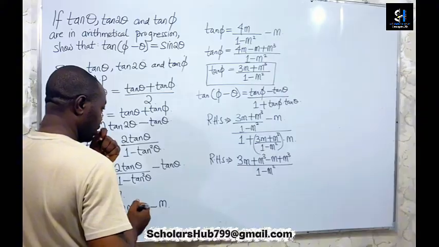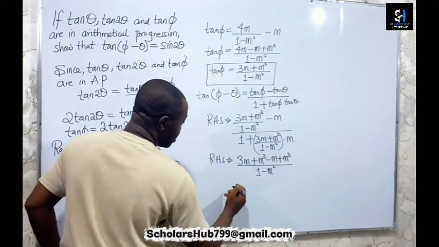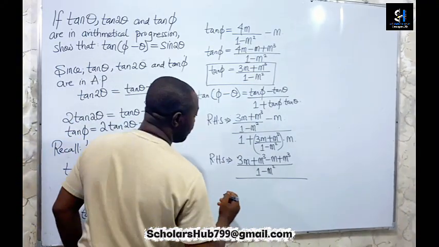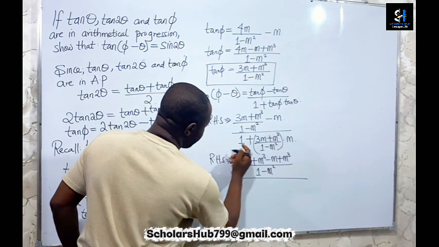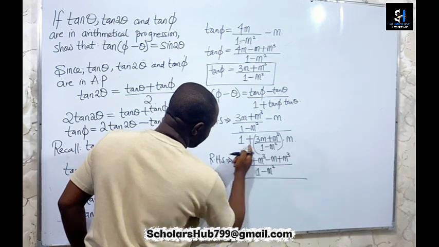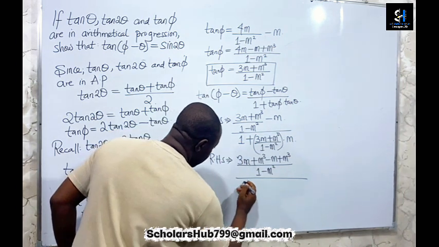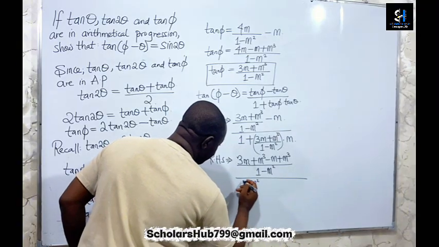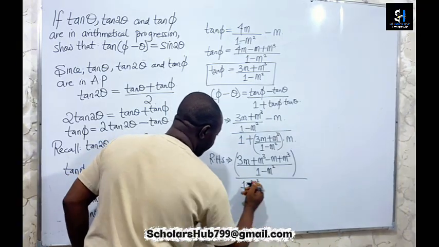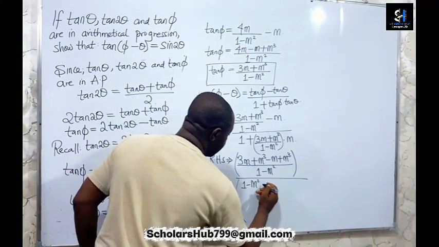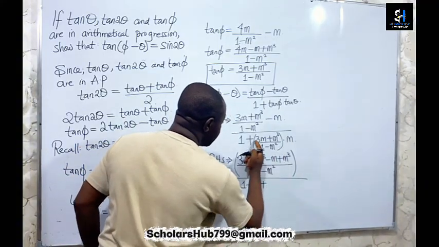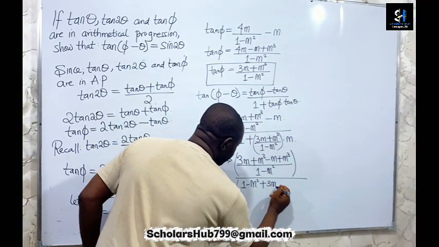Okay, so in this case, this will be over 1 minus m squared. Also, I'm going to multiply 1 minus m squared by 1. That will be 1 minus m squared. This is the numerator. Then for the denominator, this will be plus m multiplied by 3m, which will be m squared.